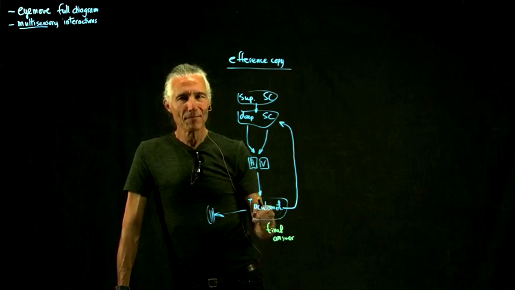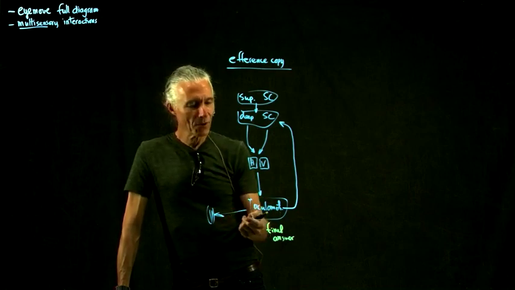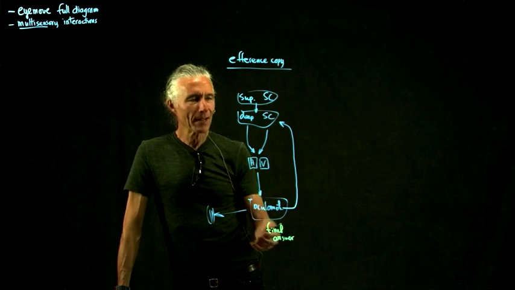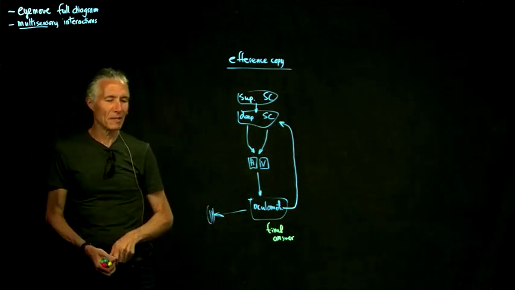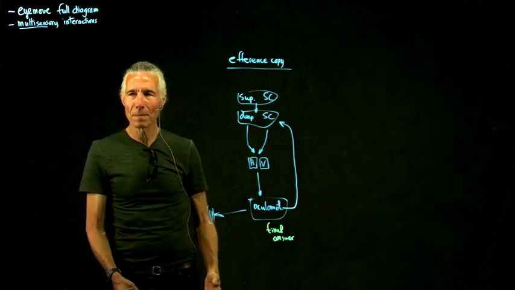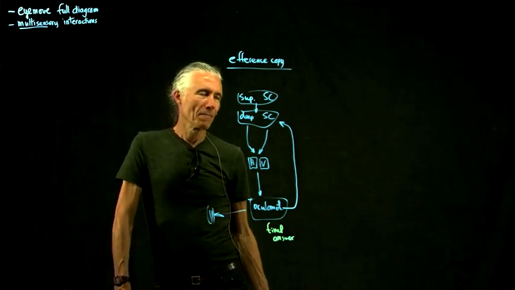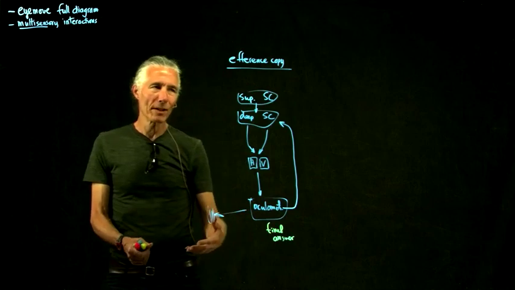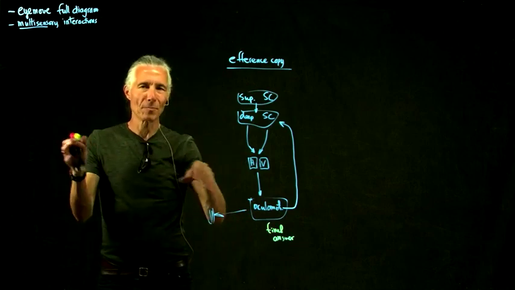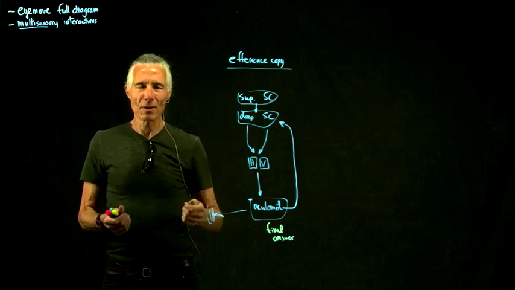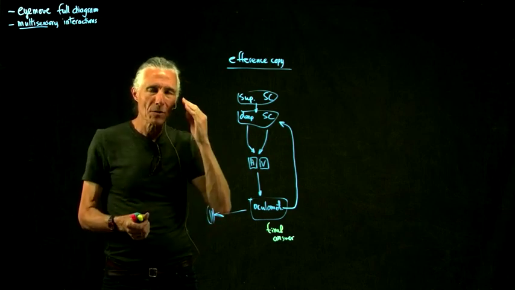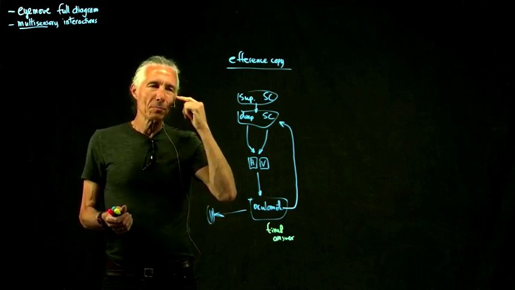In the process of moving the eyes to that position, you peel off a copy of that signal and feed it back into the system, and that essentially tells the rest of the system what you just did. Now you could try to figure out what you just did by doing some sensory processing and finding out where your eyes went, or you could try to measure with muscle spindles where your eyes went.